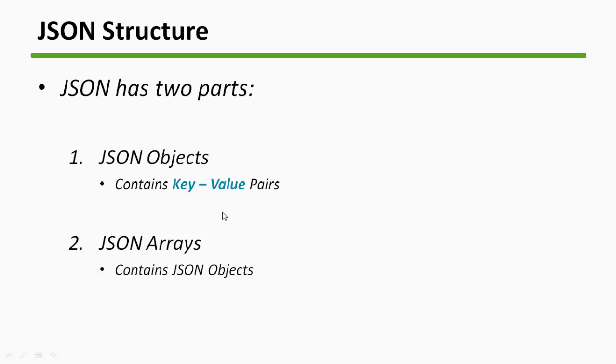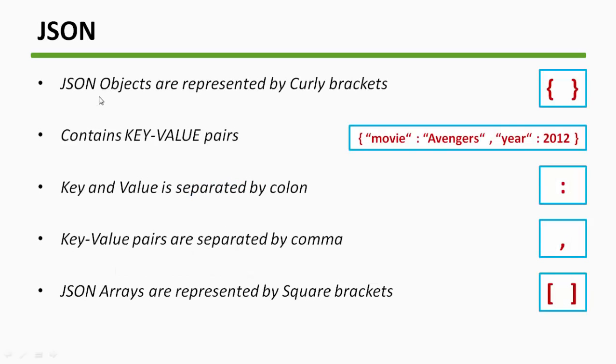Now, what is this key value pair? What is a JSON object? What is JSON array? Okay, JSON objects are represented by curly brackets. So whenever you see curly brackets in a JSON response, you just know that it is a JSON object.